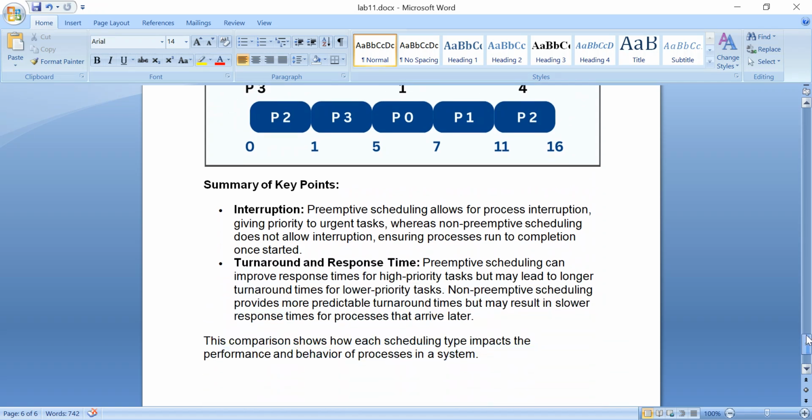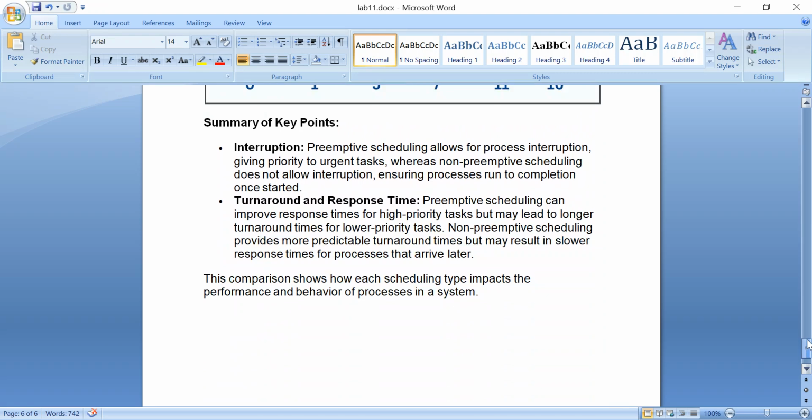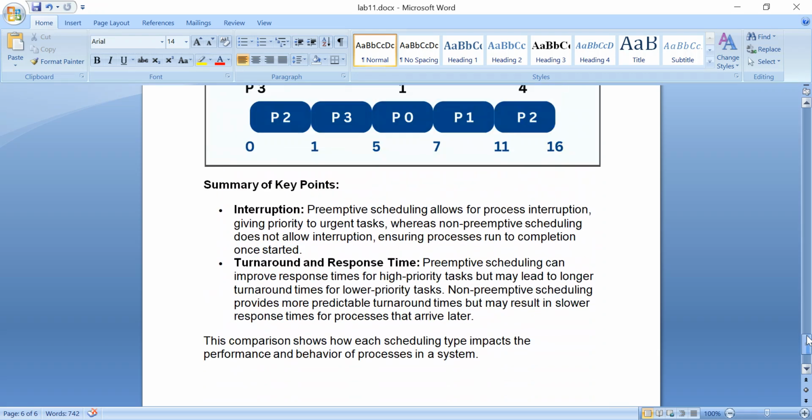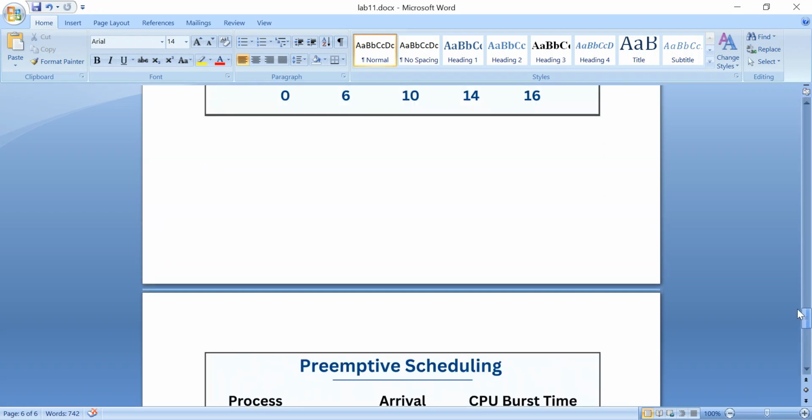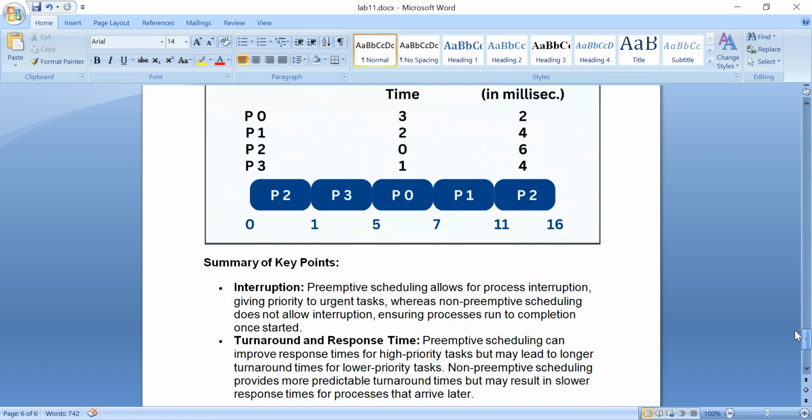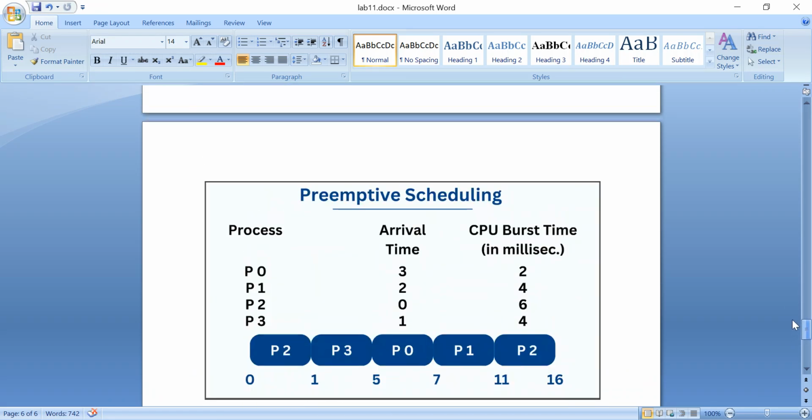Turnaround time and response time. Preemptive scheduling can improve response time for high priority tasks, but may lead to longer turnaround times for lower priority ones. Non-preemptive scheduling provides more predictable turnaround time. So this comparison shows how each scheduling type impacts performance. You can better understand this from this example.